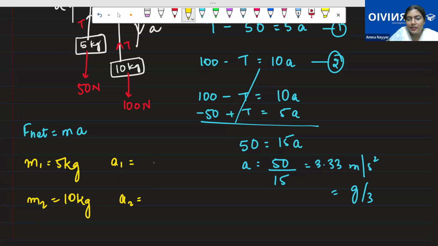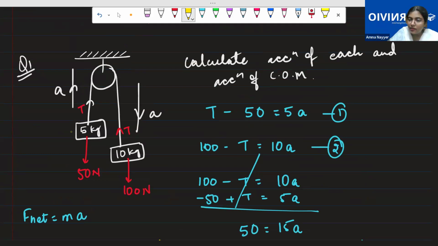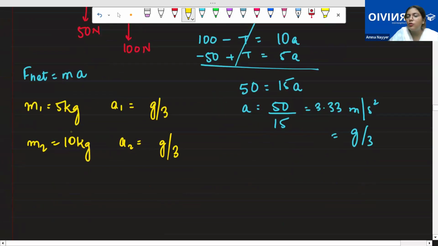So one thing is clear. This will also be g by 3, and this will also be g by 3; you can take 3.33, 10 by 3, anything. Now, one acceleration is directed upwards, the second acceleration is directed downwards. According to your sign convention, take upwards positive and downwards negative.